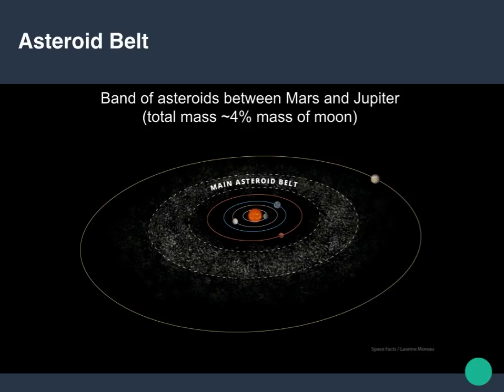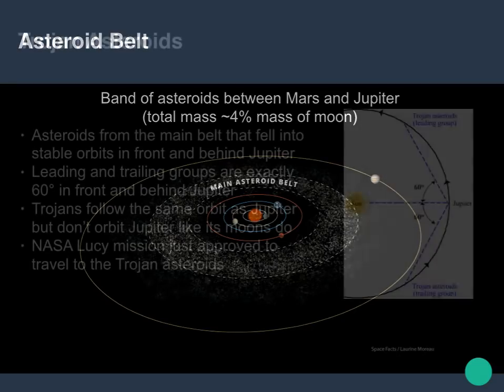And even though it spans this massive area in our solar system, if you added up all of the mass in this area, it's only going to be about 4% the mass of our moon. So it's still fairly spread out, but it's just a bunch of little rocks. You wouldn't want to fly your spaceship through it.